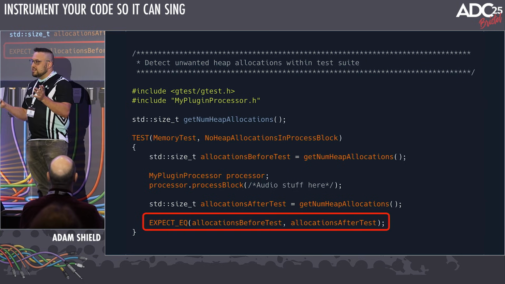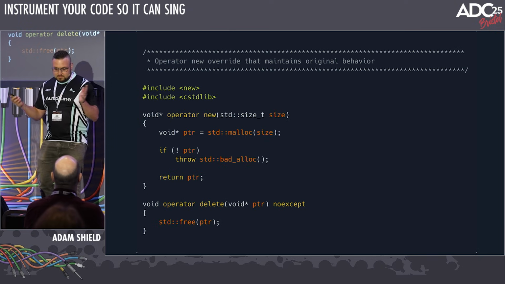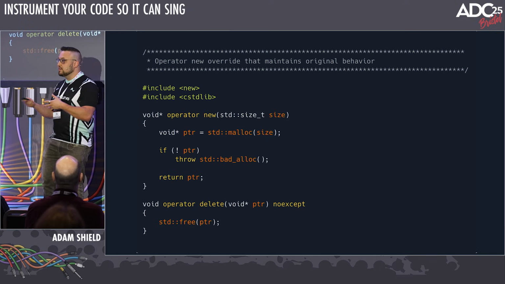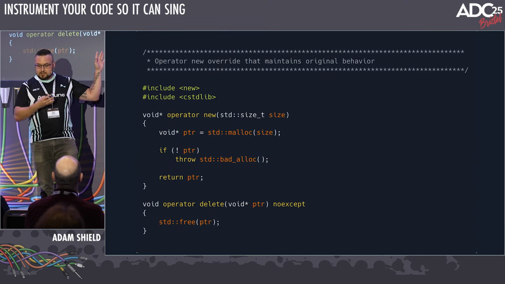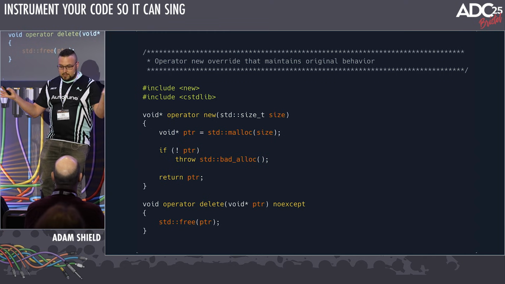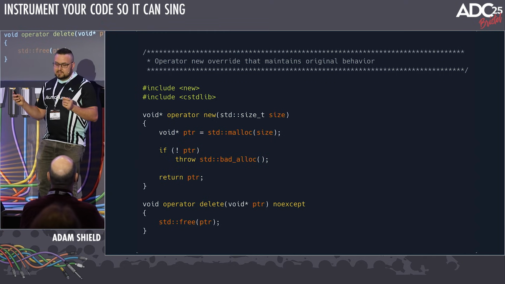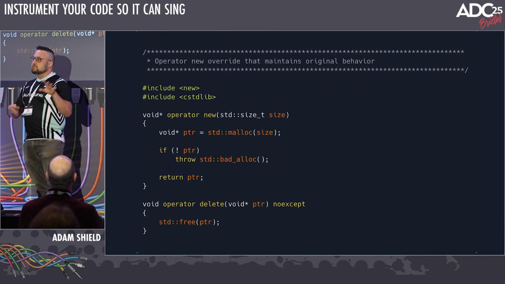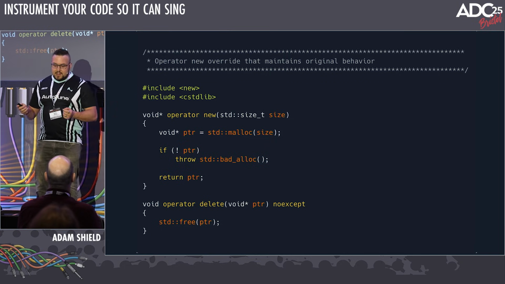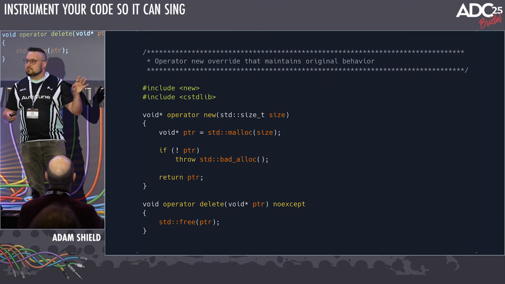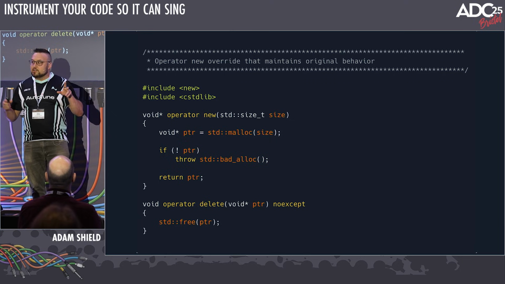So this is actually pretty easy to implement. You might have seen this before, but in C++, you can override new and delete itself. So this is literally overriding the actual new and delete keywords. What's on the screen right now is the default implementation for new and delete. This would basically mimic regular behavior, but then you can instrument it.